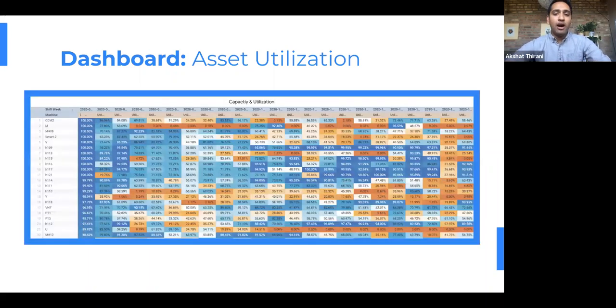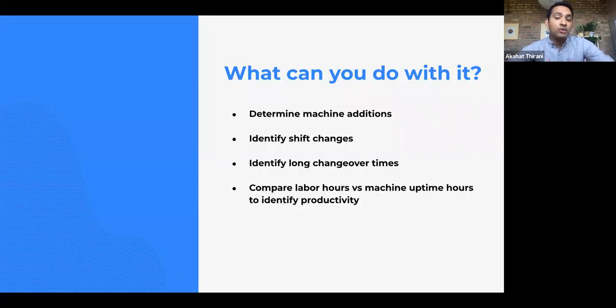This is another view, a heat map that can show you by cell or by machine over multiple months where you're losing or gaining capacity. We've had customers use this data to either justify or avoid having to buy additional equipment.